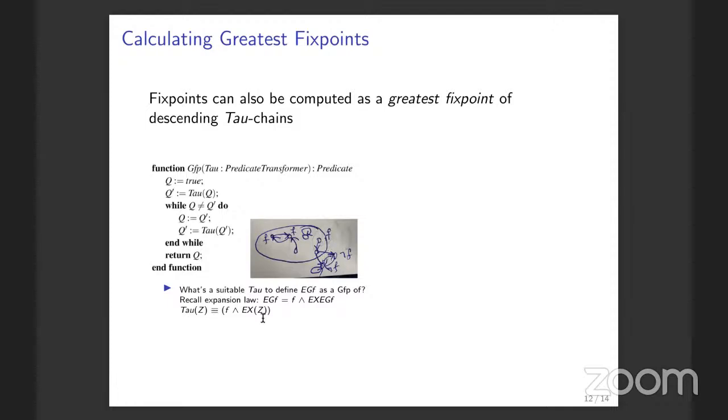No. I asked you a very specific question. When I plug in true to Z, what is F and EX of true? It's the set of states that satisfy F, and that's exactly what I've shown here. Okay. So in one step, tau 1 of true is F, which is what I've shown here.